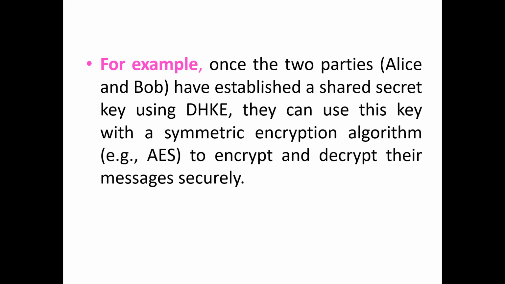For example, once the two parties, Alice and Bob, have established a shared secret key using Diffie-Hellman key exchange, they can use this key with a symmetric encryption algorithm such as AES, the Advanced Encryption Standard, to encrypt and decrypt their messages securely.